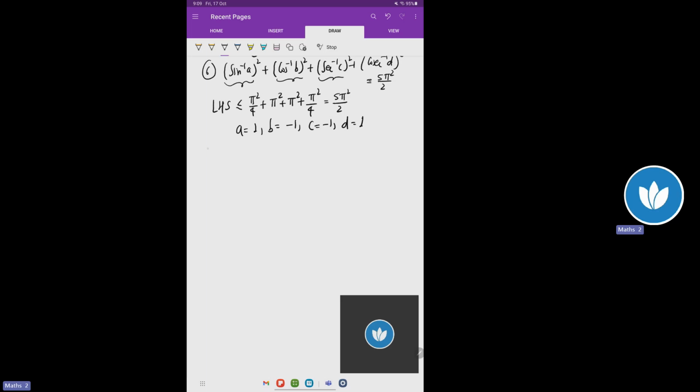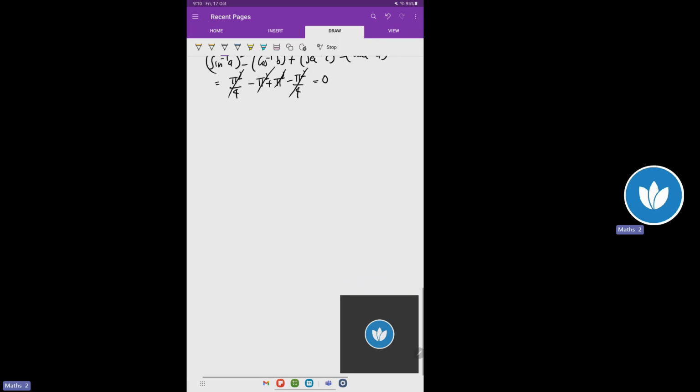Now what they are asking is sine inverse a whole square minus cos inverse b whole square plus sec inverse c whole square minus cosec inverse d whole square. If you put all these values, only this sign and this sign will change. So it is pi square by 4 minus pi square plus pi square minus pi square by 4. Everything will get cancelled and the final answer would be 0.